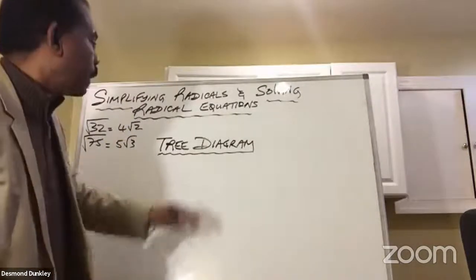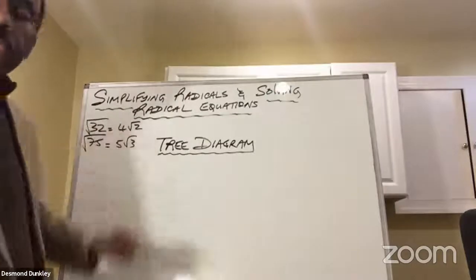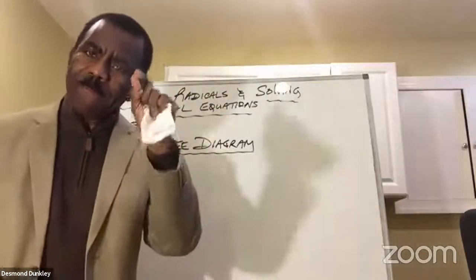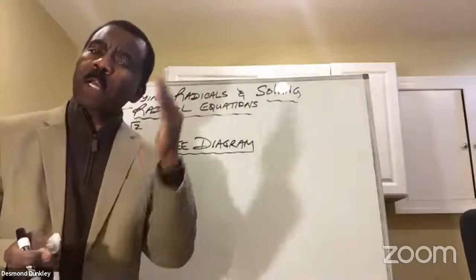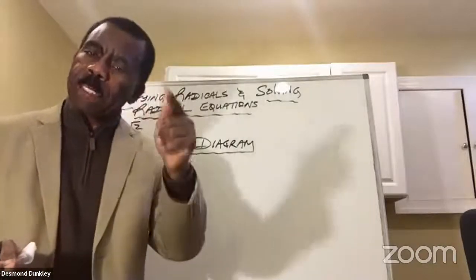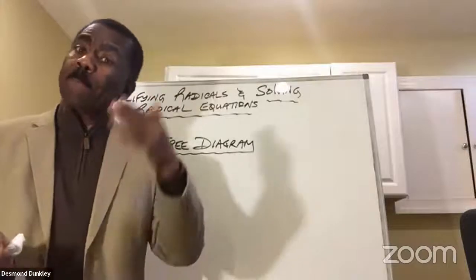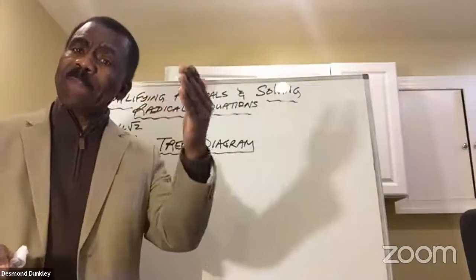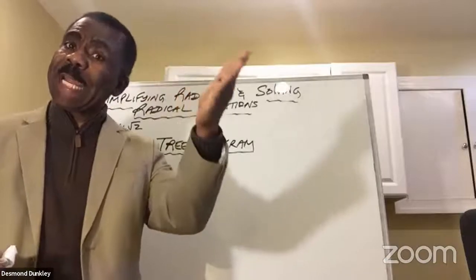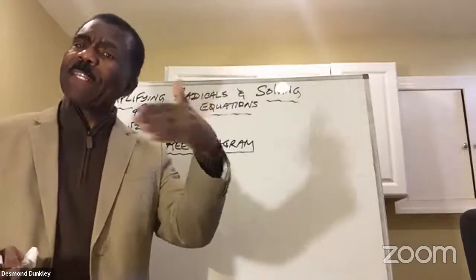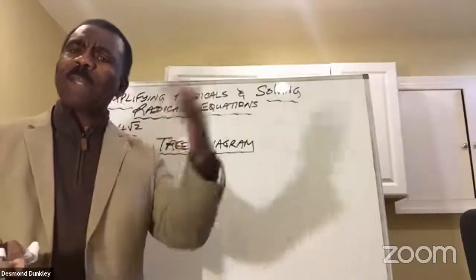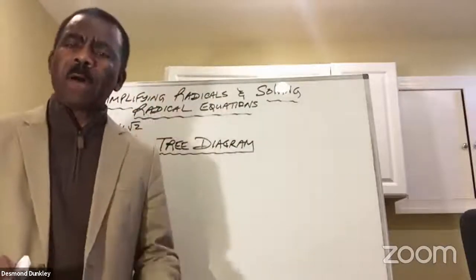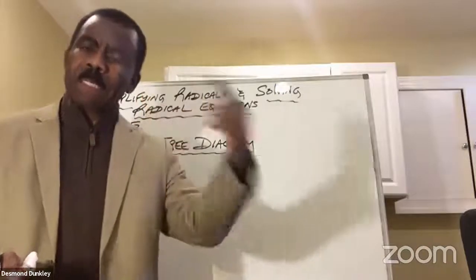What this involves is breaking down 32 into its prime factors. Prime numbers are numbers that can only be divided by themselves and 1. For example, 2, 3, 5, 7, 11, 13, 17, 19, 23, 29, 31. Those numbers cannot be divided by any other number other than 1 and themselves.